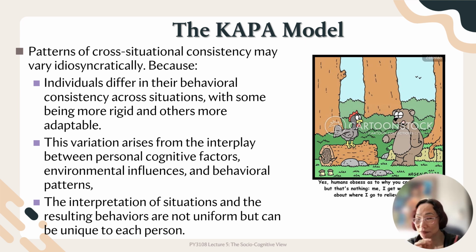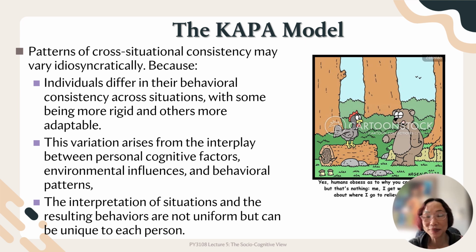So this is a big difference between the Kappa model and the trait model. From the perspective of trait theory, in this group of people, for example, people with high extrovert scores, trait theory believes they behave quite similarly.